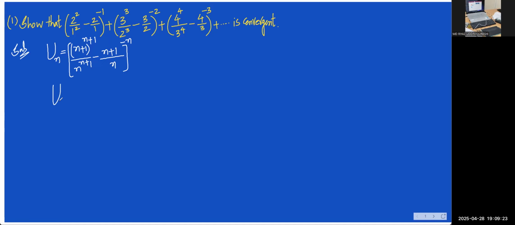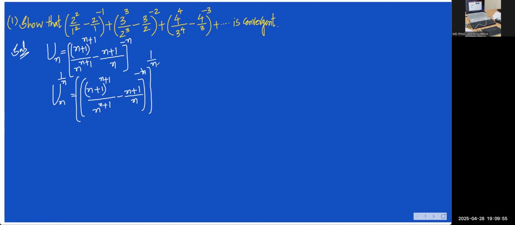Now we have to take the nth root of this, raised to the power of 1 by n. So what? n plus 1 whole to the power of n plus 1 divided by n to the power of n plus 1 minus n plus 1 whole divided by n. Already we have the power minus n, and according to the rule, we are going to raise its nth root, means power 1 by n again.